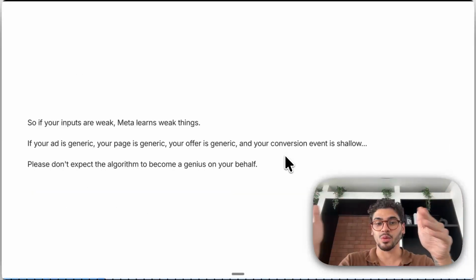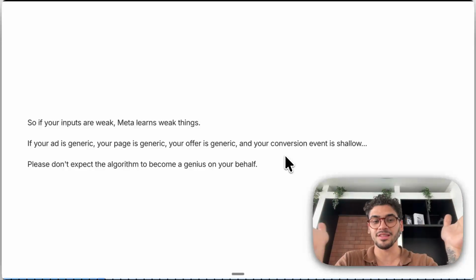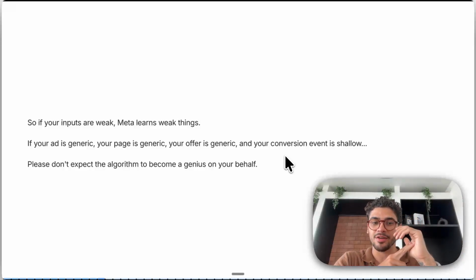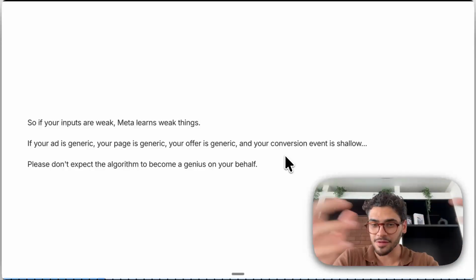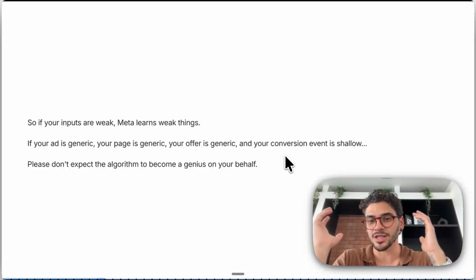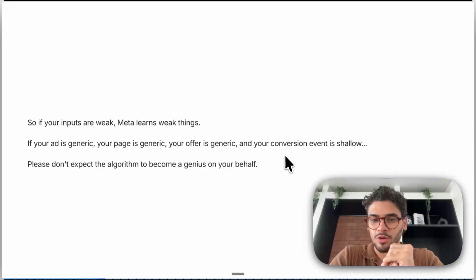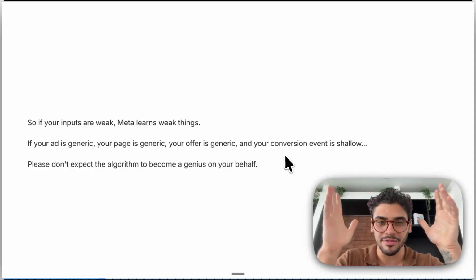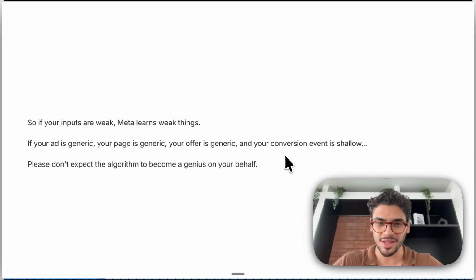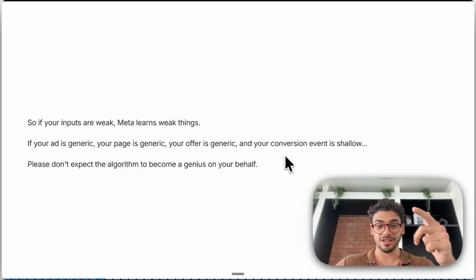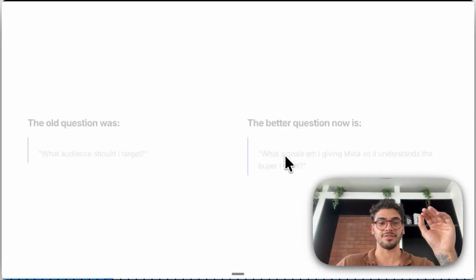So if your inputs are weak, Meta will learn weak things as well. If your ad is generic, your page is generic, your offer is generic, and your conversion event is shallow, don't expect the algorithm to become a genius on your behalf, okay? The algorithm of Meta, Andromeda, is crazy right now, but you need to create great ads, pages that are not generic, offers that are not generic, and give Meta the right conversion events, right?